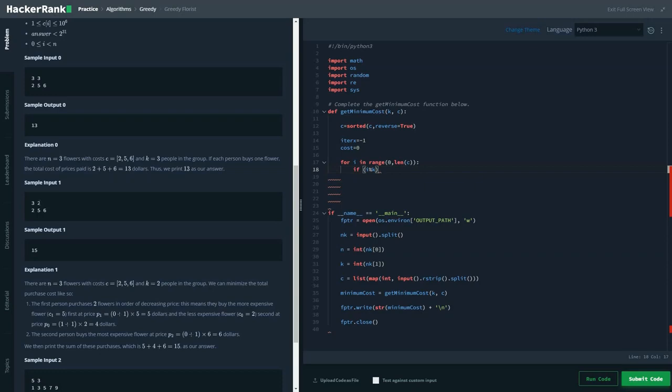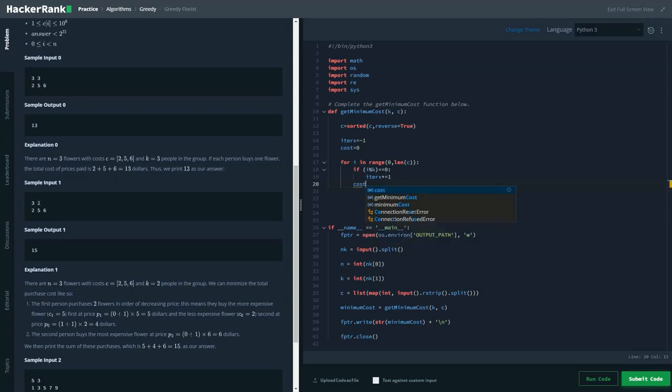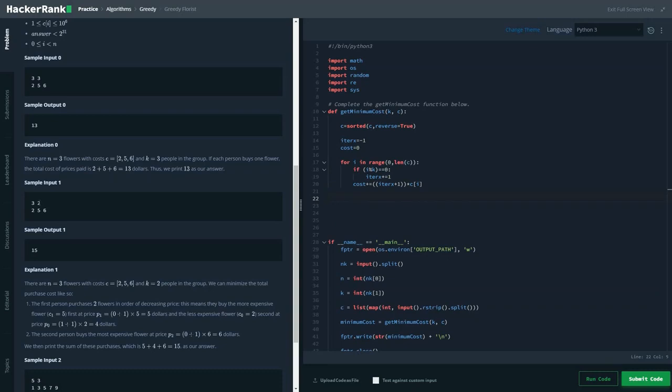And we will be summing the cost, with iter plus 1 multiplied by C of i. As you could see, this is our code.